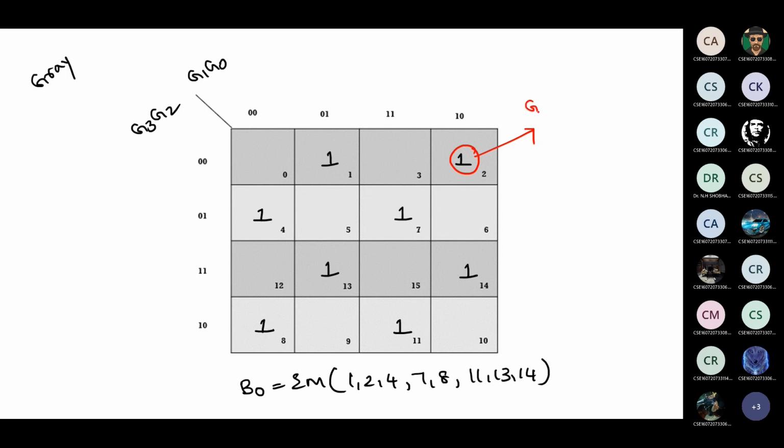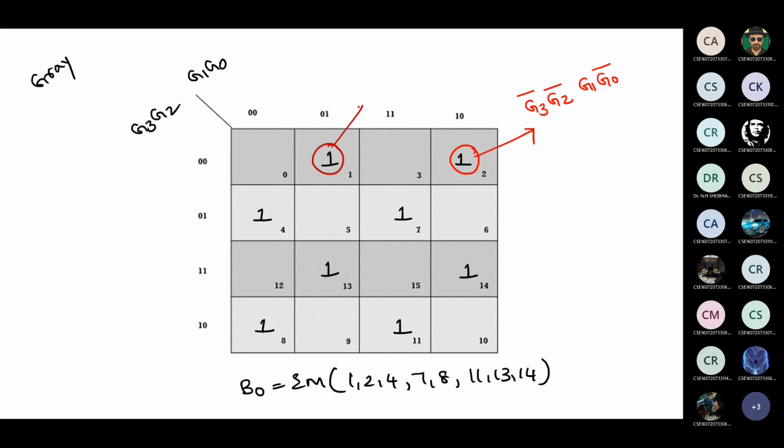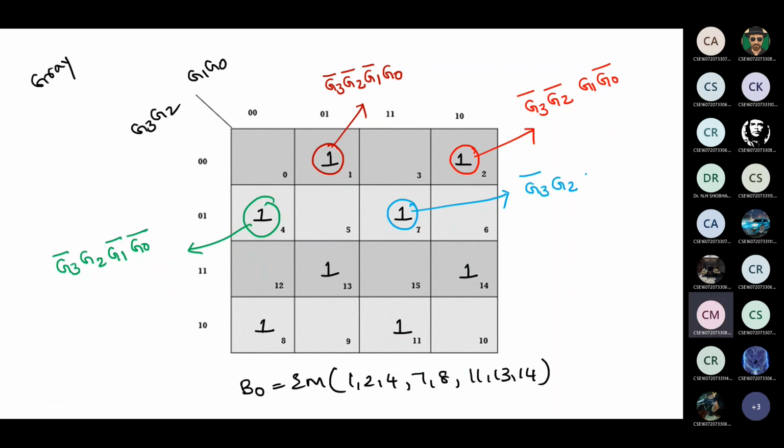The answer for the first single is G3 bar, G2 bar, G1, G0 bar. For this single, G3 bar, G2 bar, G1 bar, G0. For this one, G3 bar, G2, G1 bar, G0 bar. For 7, G3 bar, G2, G1, G0, correct.